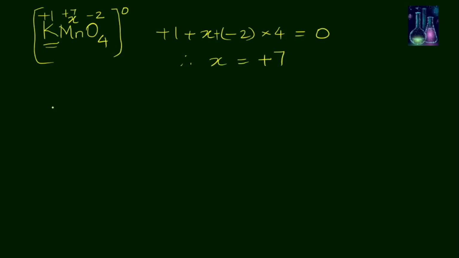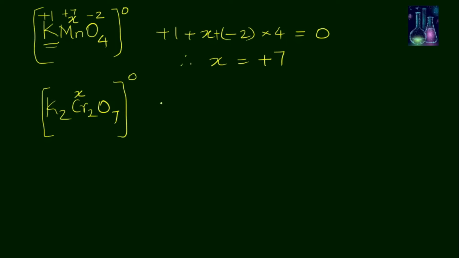Next, K2Cr2O7. Here there are two chromium atoms, and whatever we get as the oxidation state of chromium will be the average of both. Since again it is a neutral molecule, let's make the sum 0.